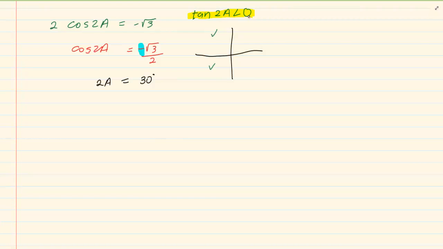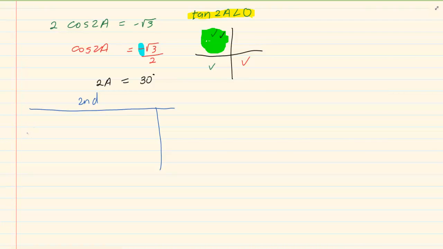Tan is negative. Where is tan negative? Tan is negative in the second and the fourth quadrant, which means that in this solution, we are only working in one specific quadrant, which is the second quadrant. So my t is only going to have one part to it, which is the second quadrant.